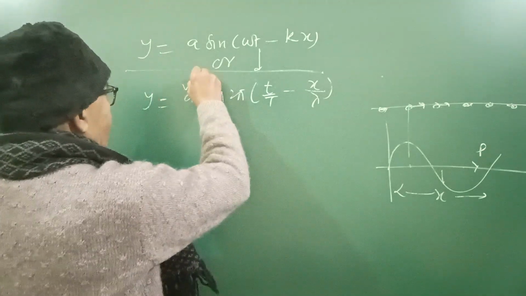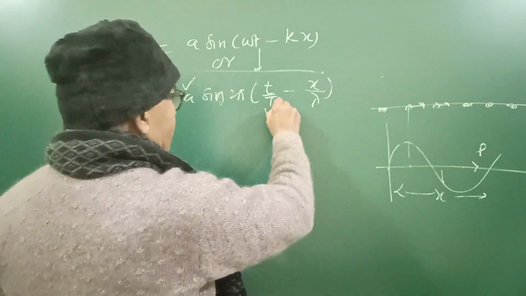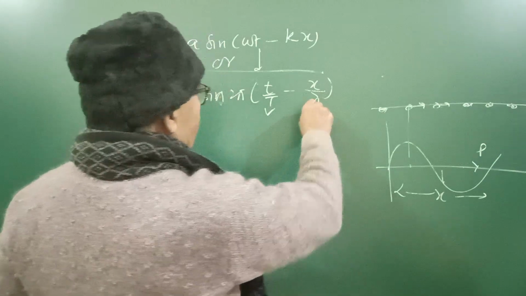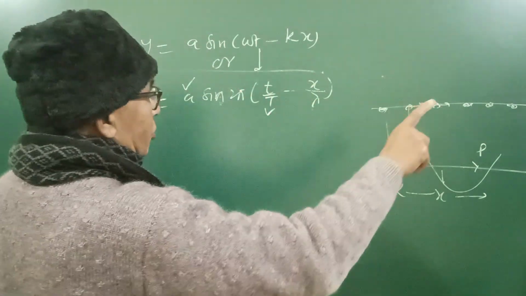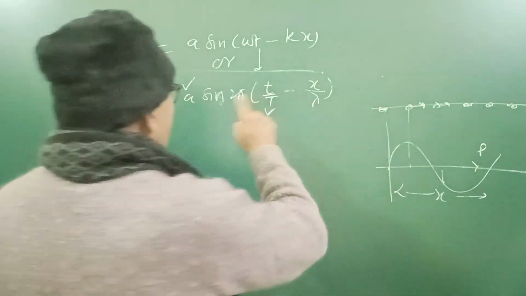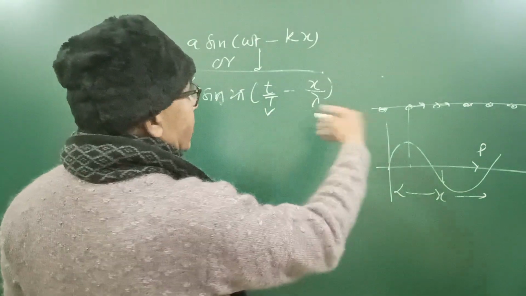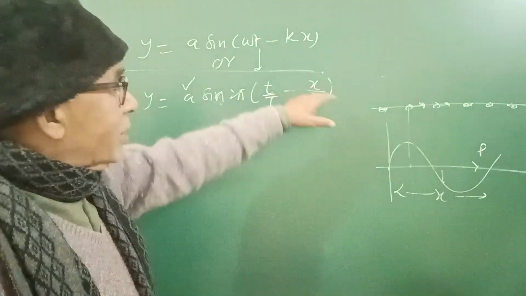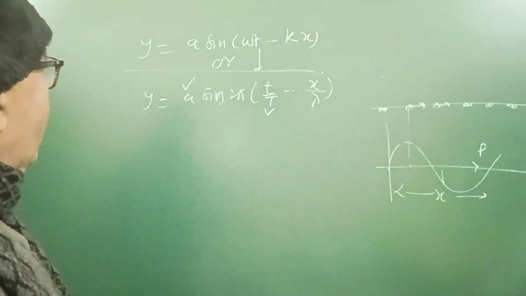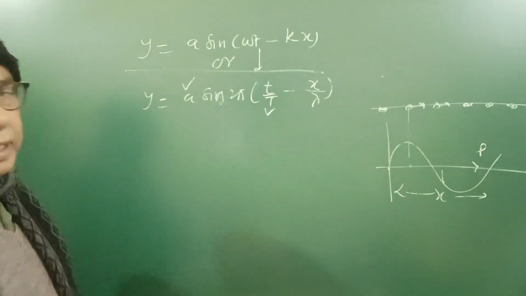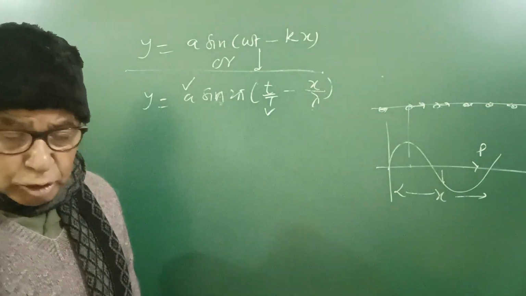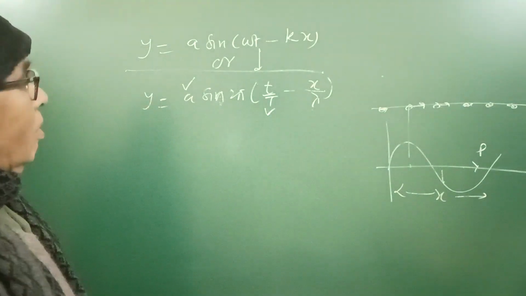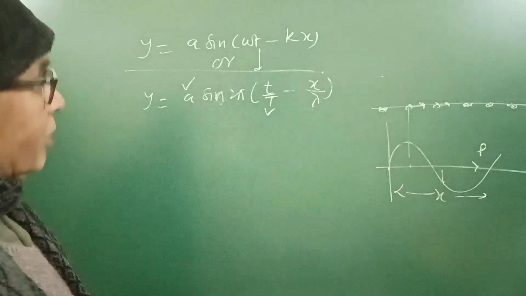Here a is the amplitude of the wave, T is the time period, lambda is the wavelength. It is plane progressive, which means everywhere a, T, lambda are the same. Only variable things are time t and distance x. So from this equation, we can tell the displacement of any particle at time t at distance x.